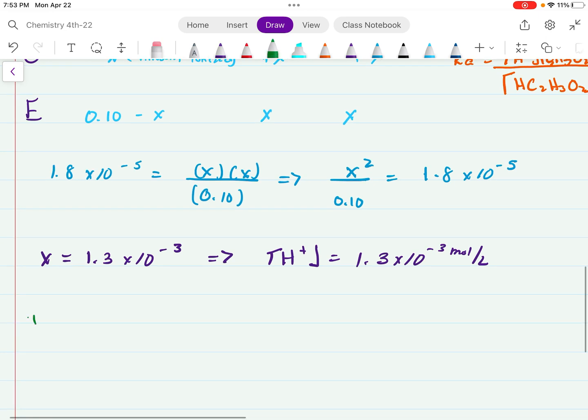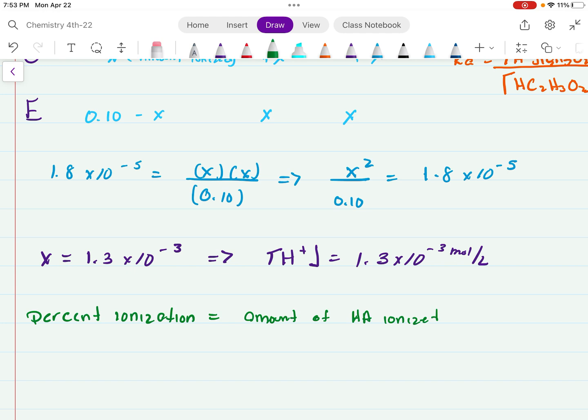Percent ionization is equal to the amount of HA ionized, divided by the amount of HA available. Then we're going to multiply that value by 100.